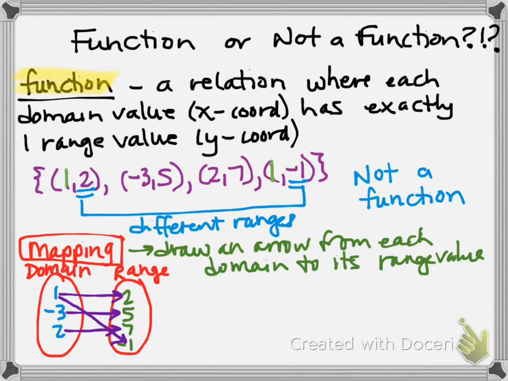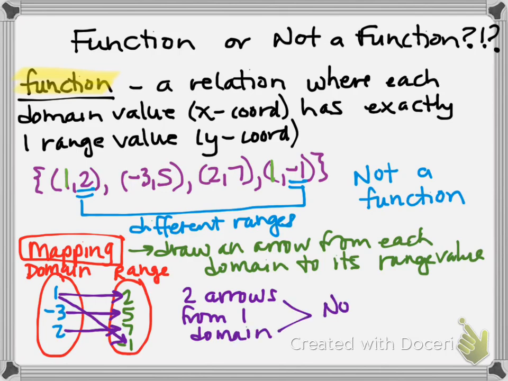So I should see 1 arrow coming out of each domain going to some range value. That's it. This one, I've got 2 arrows coming out of 1 domain number. So 2 arrows from 1 domain, not a function. So that's one of the most clear pictures that I can give you.